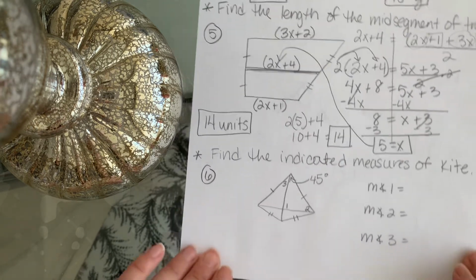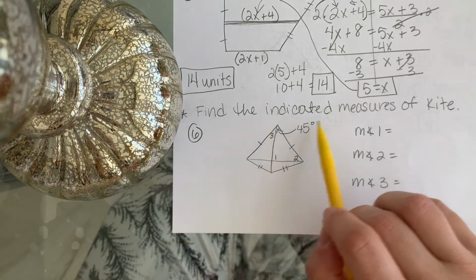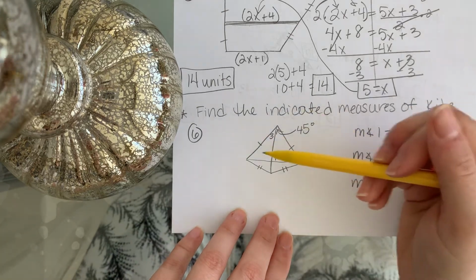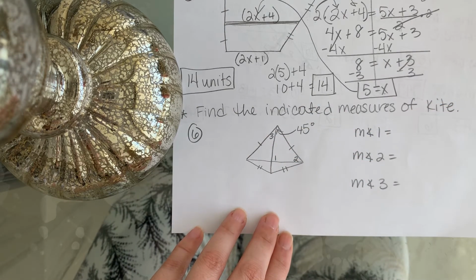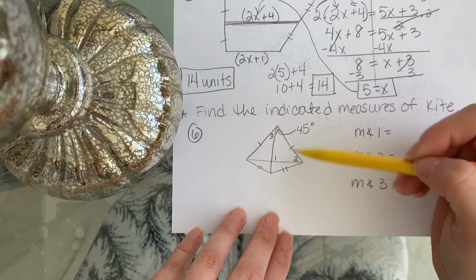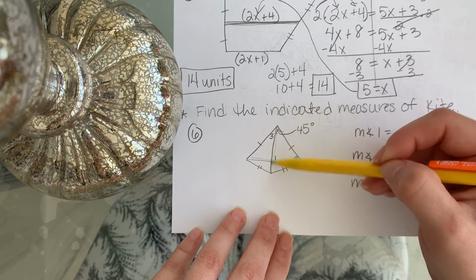Okay, so our last example below is we're going to find the indicated measures of this kite. Now look at our kite here. The two diagonals that connect to the vertices of the kite are shown right here.